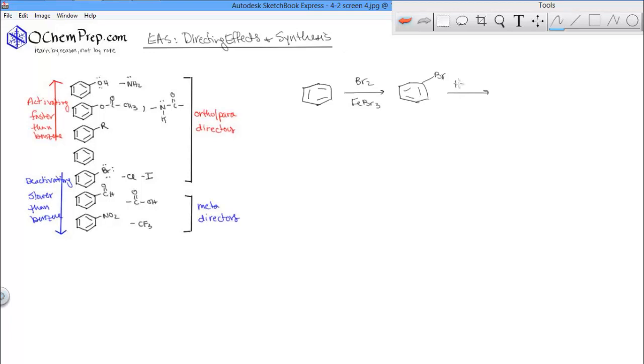And then if you add a nitro group to it afterwards, H2SO4, bromine is going to be an ortho-para director. And so what you will get is two different products. You'll get one with the nitro being ortho, plus one with the nitro being para.